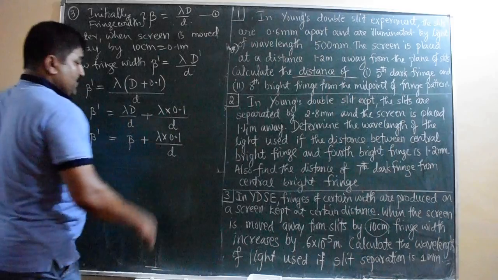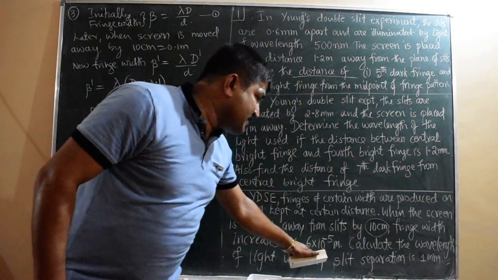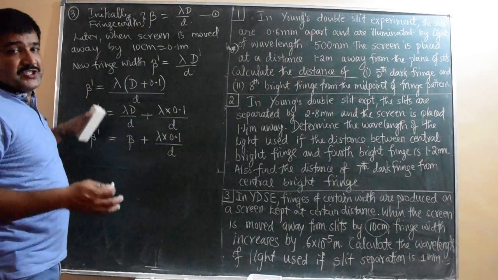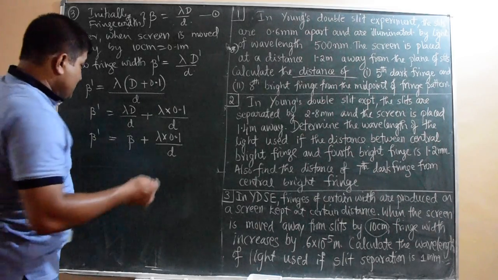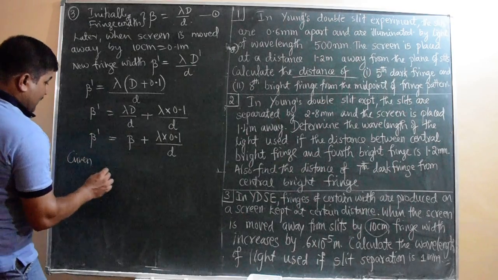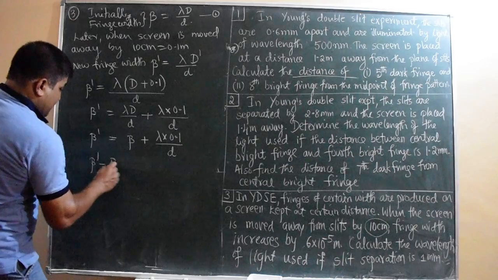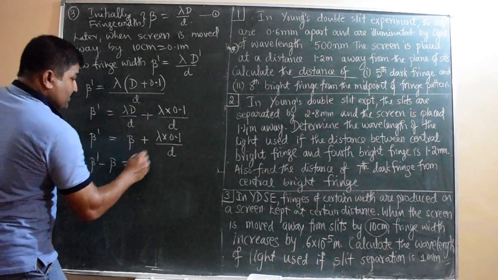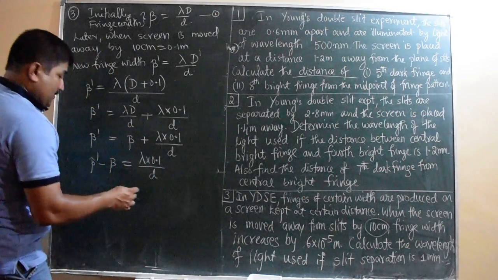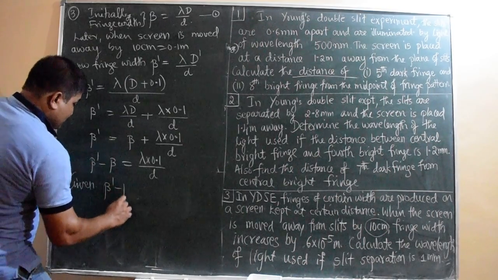divided by small d. Now what happened in the situation? The fringe width increases by this much. Original fringe width beta, new fringe width beta dash. Fringe width increases means, I write beta to the LHS, bring minus: beta dash minus beta equal to lambda into 0.1 divided by small d.